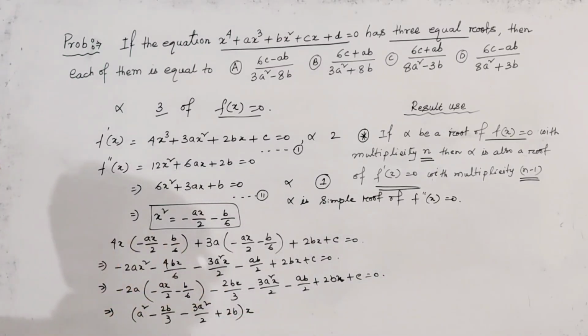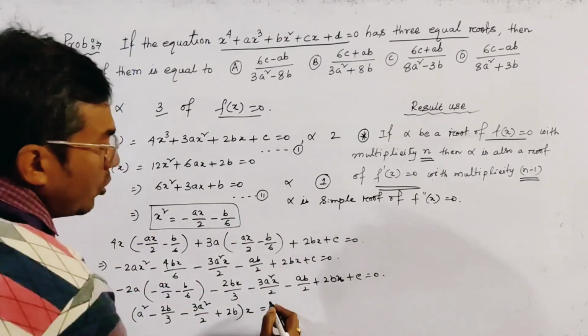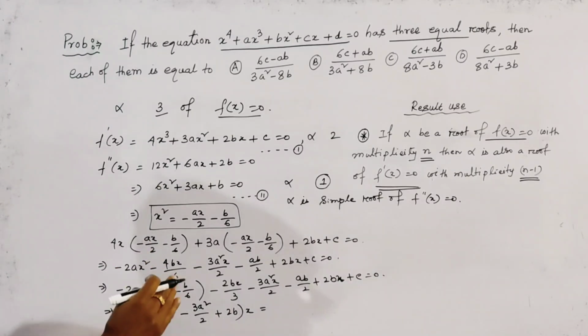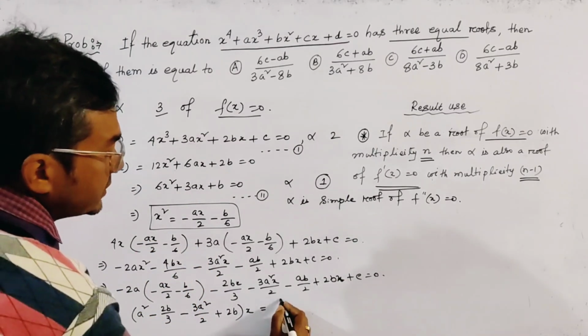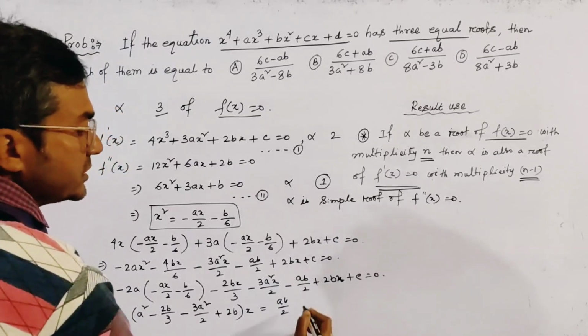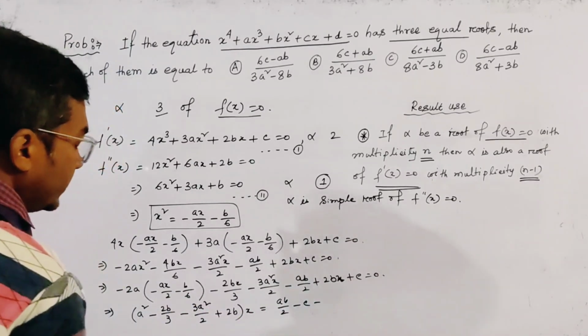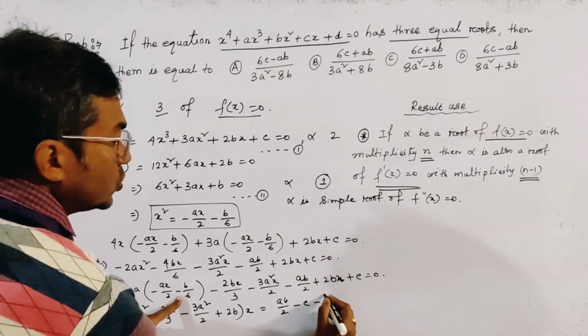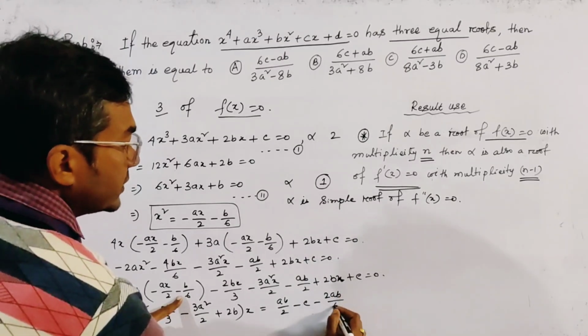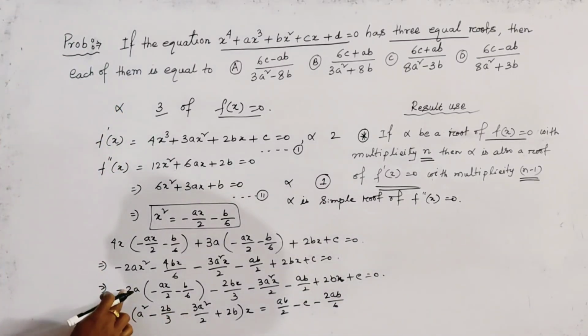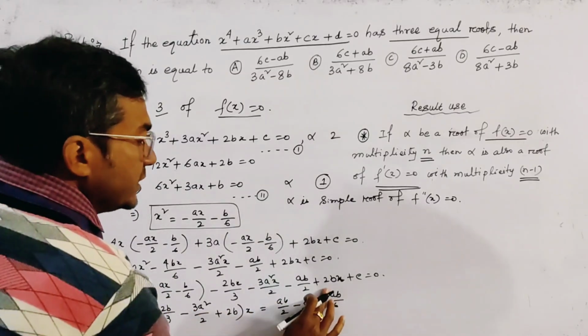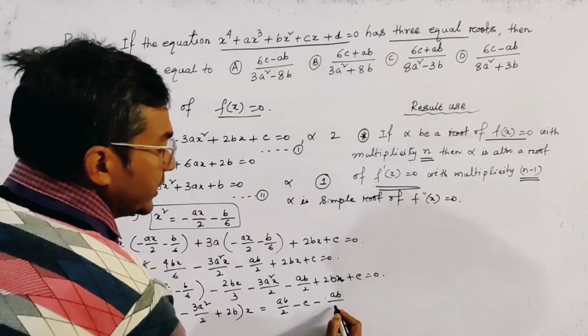Here we write by taking common, and we write all the constant terms, that is the terms free from x, on the right side. The first term is ab by 2, the second term is minus c, and this is minus 2ab by 6, that is ab by 3 we write.